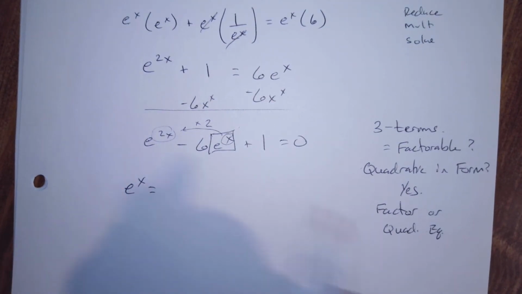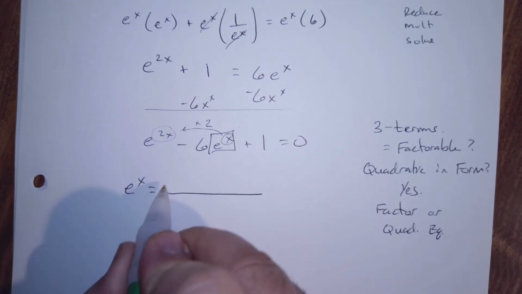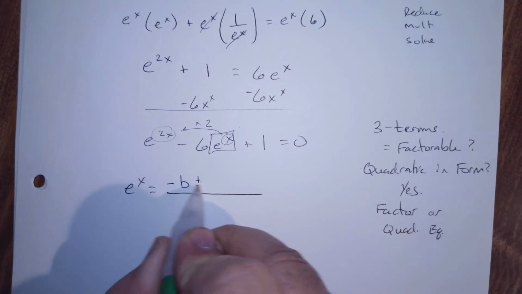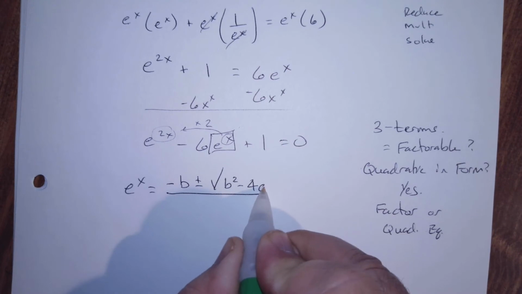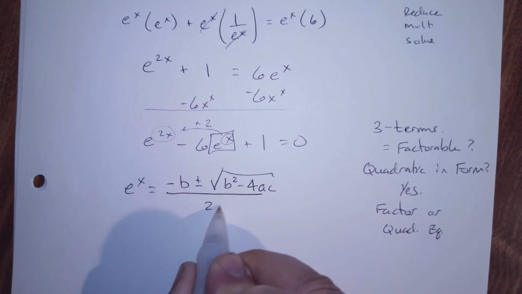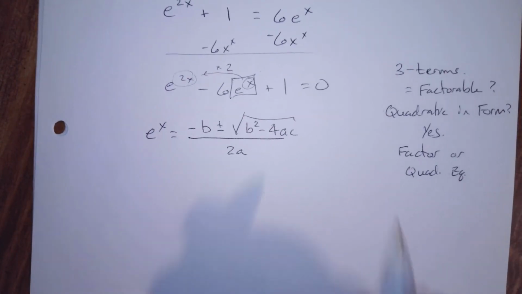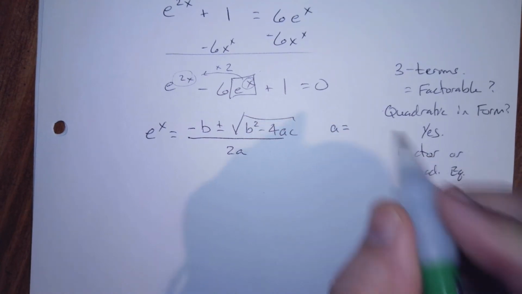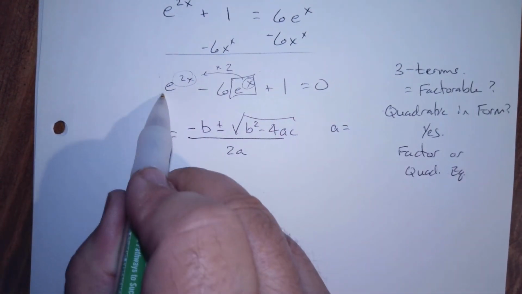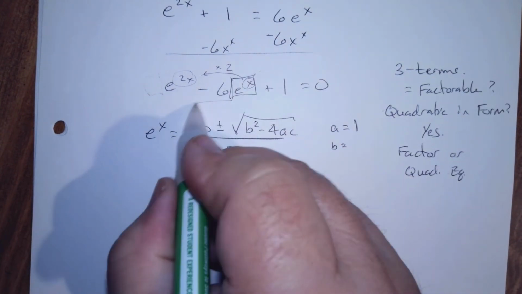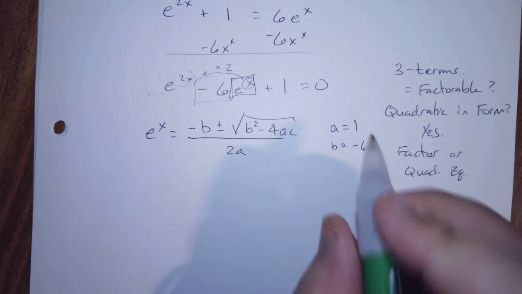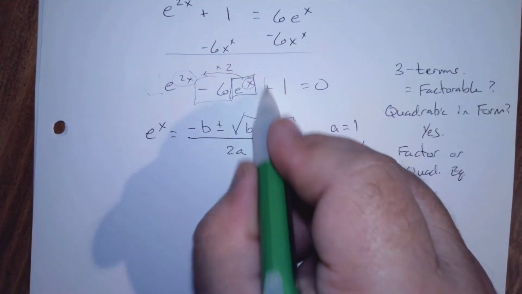So the quadratic formula: negative b plus or minus square root of b squared minus 4ac over 2a. In our equation, a is 1, b is negative 6, and c is 1.